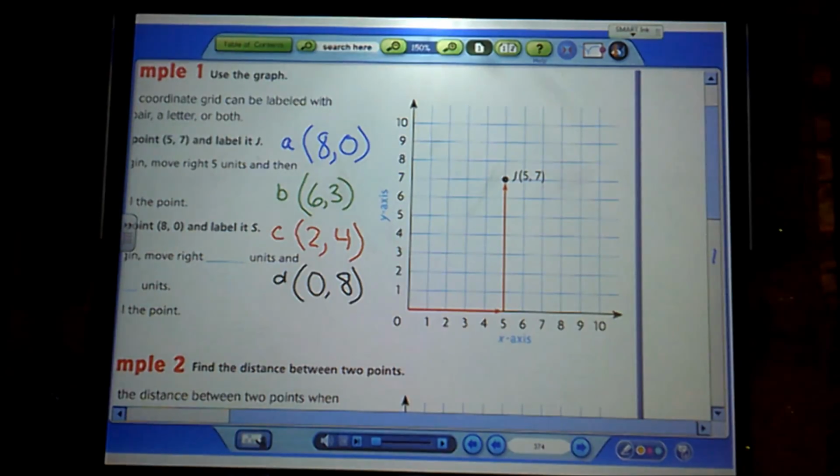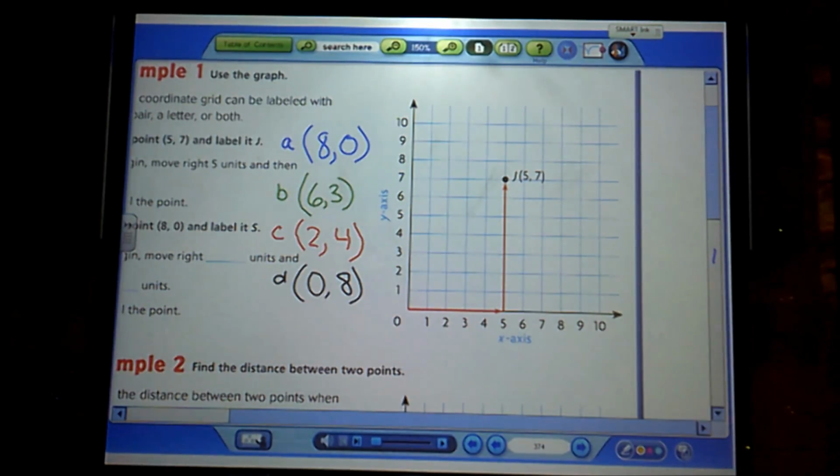So to give yourself some more practice, what I'd like to see you do is create a little graph like this. It doesn't have to have all the little grid marks in the middle, but I'd like you to create a graph like this, and I want you to plot these 4 points, A, B, C, and D, going over and then up, and then I want you to put a dot and then put the letter, just like they did there as the example for 5 over 7 up, and they put a letter J. I want you to do the same thing with A, B, C, and D. When you're done, I'd like you to check yourself with what I have on my coordinate plane and see if yours resembles the same thing.